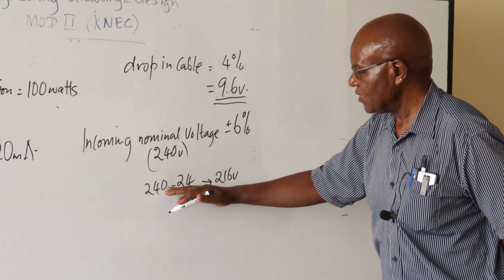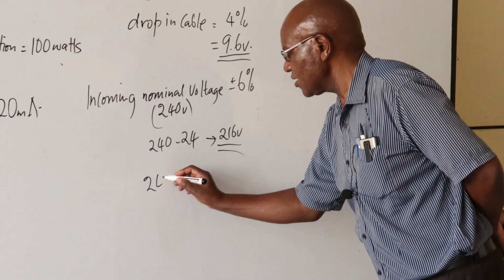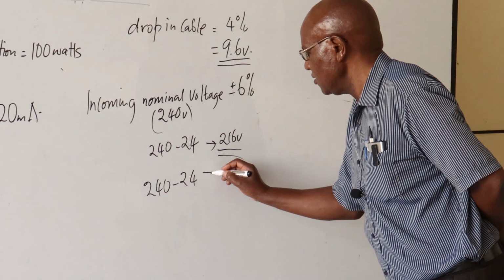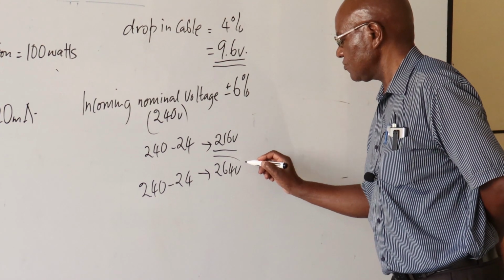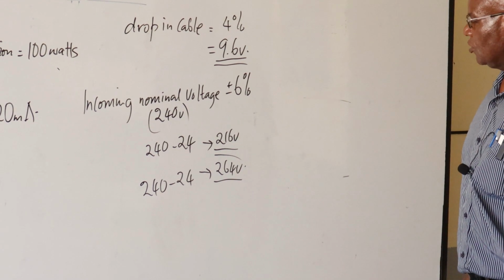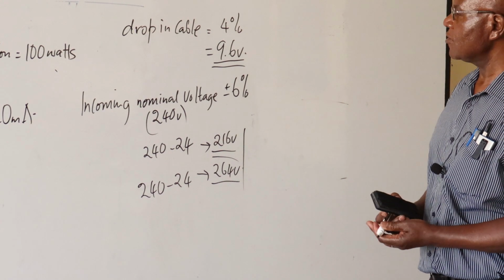If we took the minus, it will be 216, whereas on the higher side, it can go higher. This one will be 264 volts. So you take those into account.